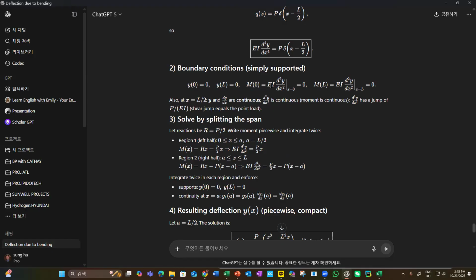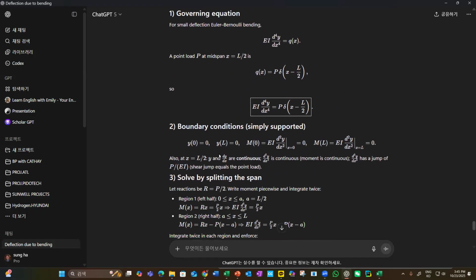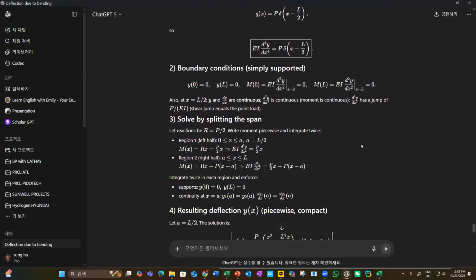Moment is given by the second derivative, so the second derivative will be 0 at 0 and L. Now, mathematically, we have the governing equation and these boundary conditions, and that's all we need.